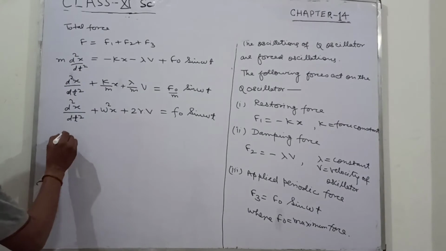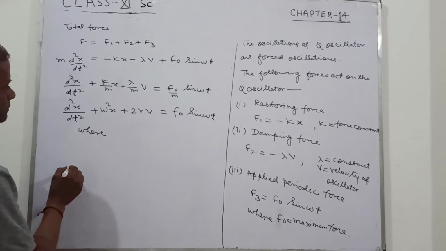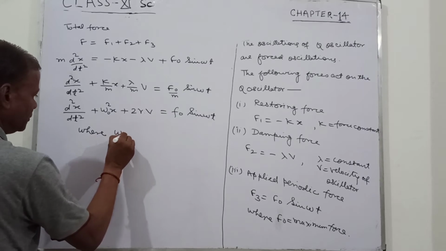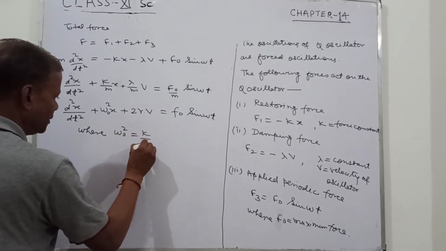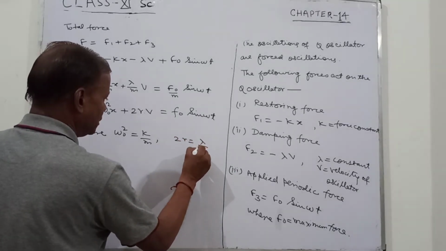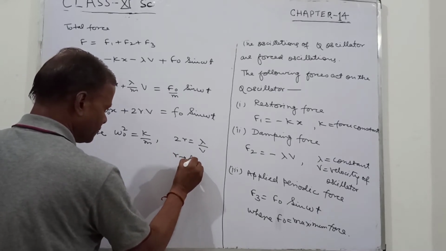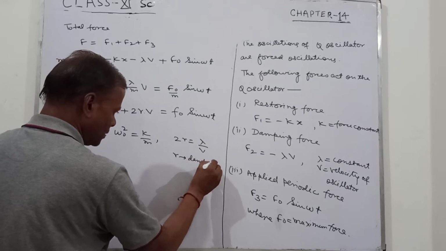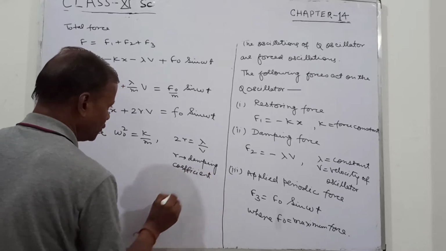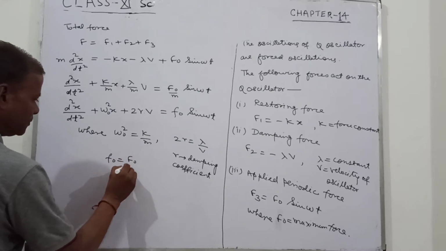So it is the differential equation where omega naught square equals k upon m, and 2r equals lambda upon m, and r is called the damping coefficient, and f naught equals F naught upon m.